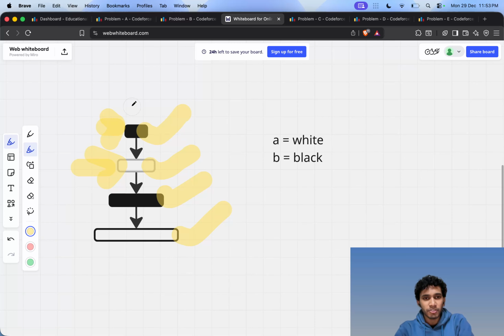Now keep checking after each operation: is the total amount of white chocolate or black chocolate required after this operation smaller than or equal to A or B? If it is, it is a valid choice, and we can take that layer.